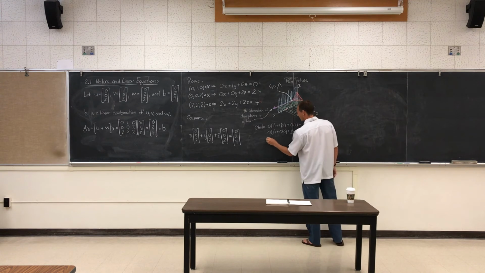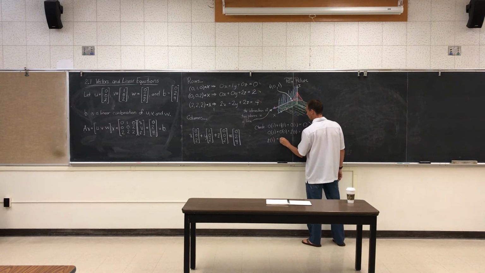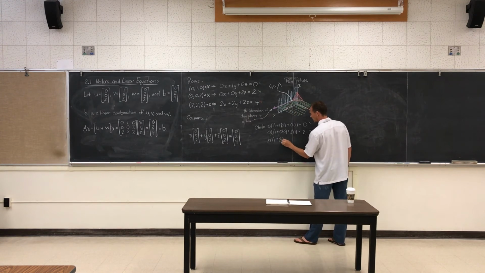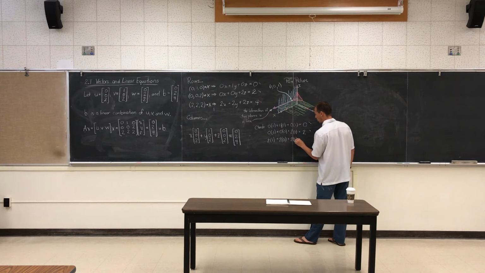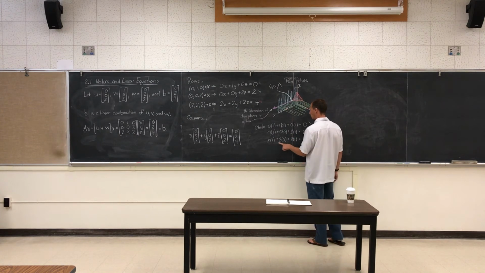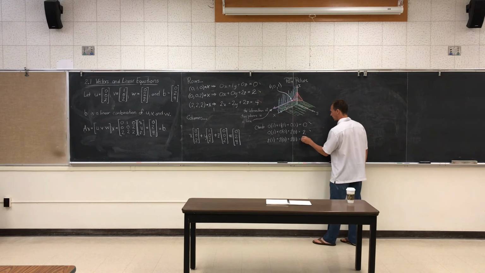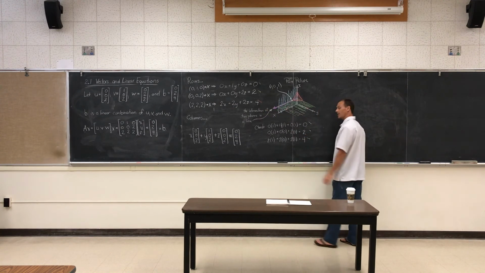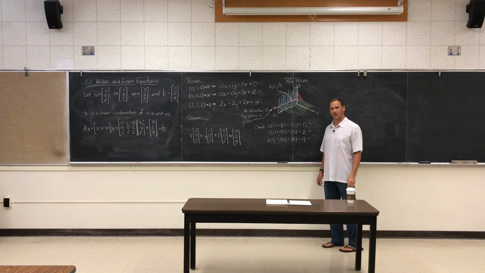Let's try. 2 times 1 plus, using my third equation, plus 2 times 0 plus 2 times 1. Well, that's 2. That's still 2 plus 2 more. That's 4, which matches there. Our solution graphically worked. It's correct.